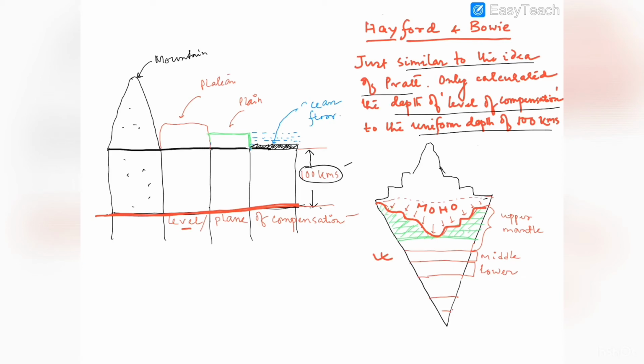And this Moho discontinuity is nothing but the discontinuity between the lithosphere, see, this is the lithosphere, this is the mountainous part, this is the plateau, this is the plain, and this is the ocean floor, right? And this whole part is the lithosphere. This lithosphere is interacting along this Moho discontinuity with the upper mantle.